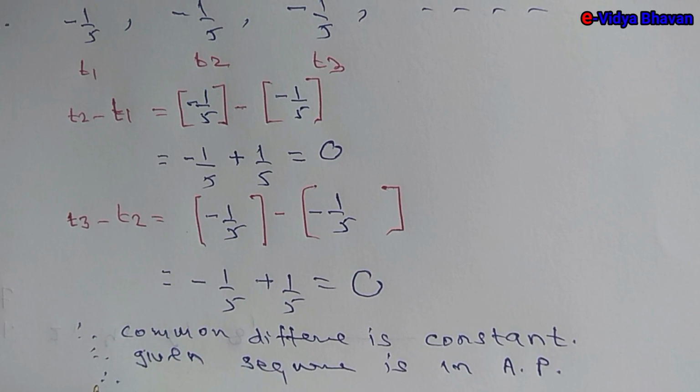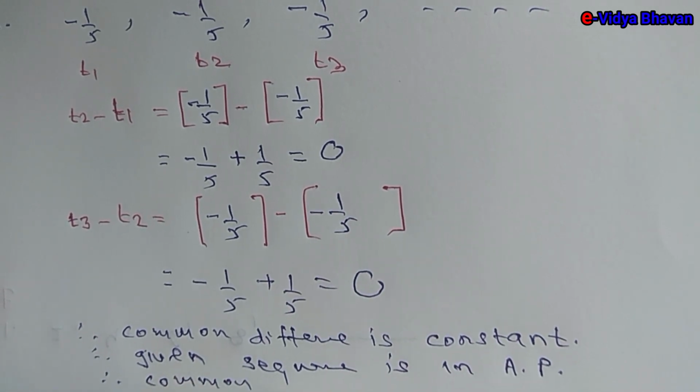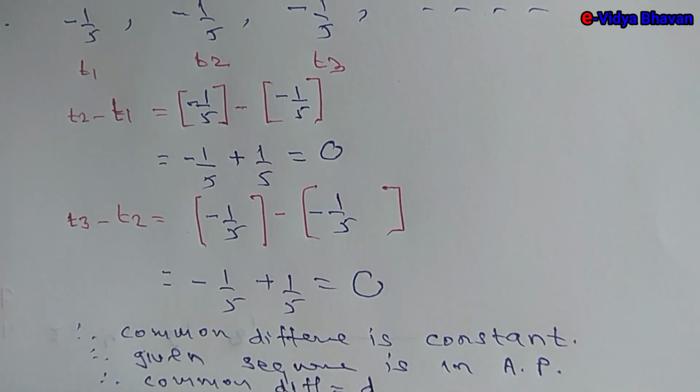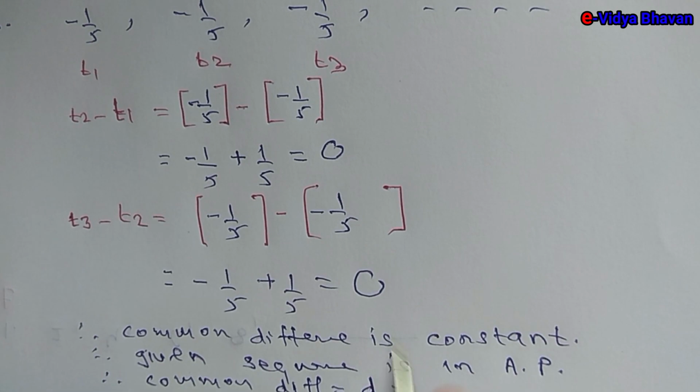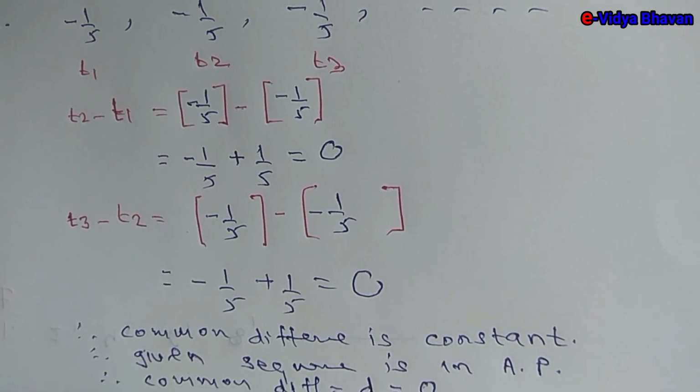Therefore last step, what they wanted, find the common difference. Therefore common difference equal to small d is equal to, it is coming what? 0.